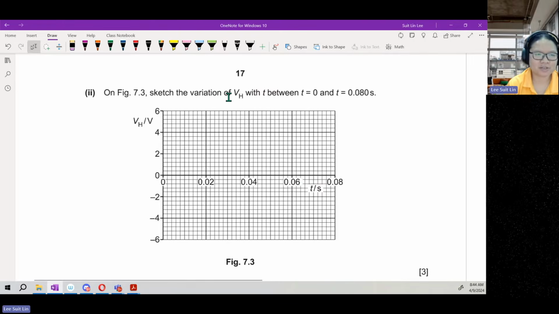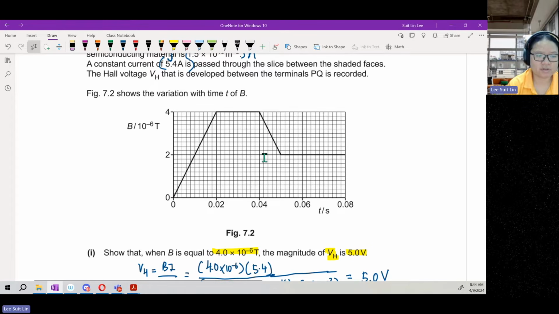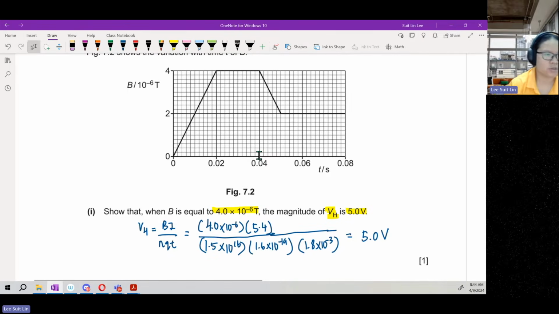Now you are asked to sketch the variation of VH between 0 and 0.08 seconds. So basically this is the graph. How would VH change? I want to do a quick sketch here first before I commit to drawing on the page.